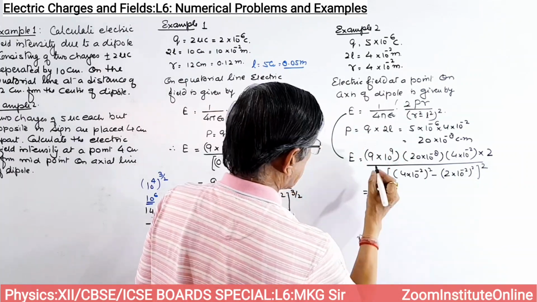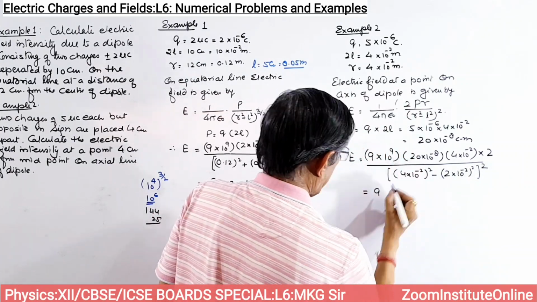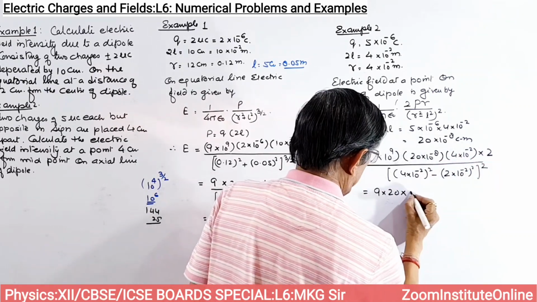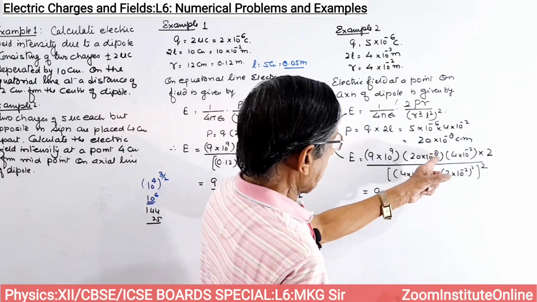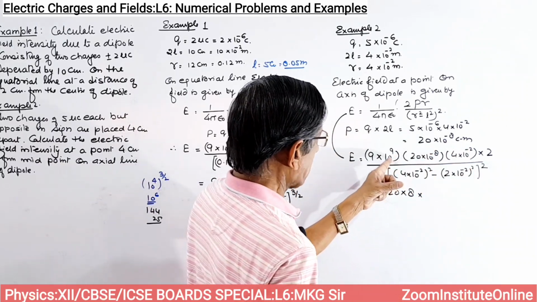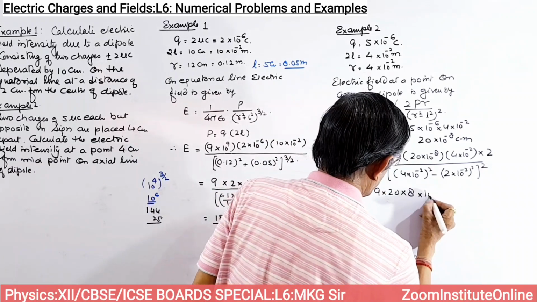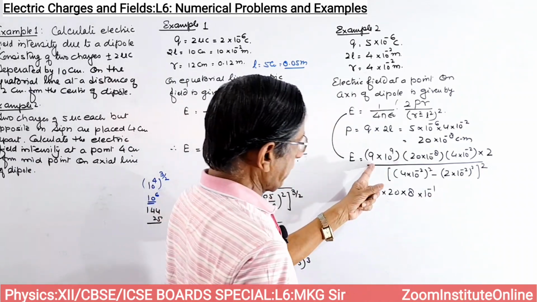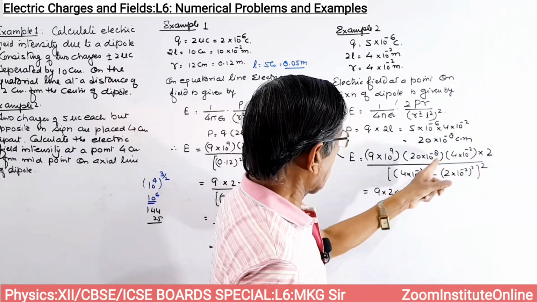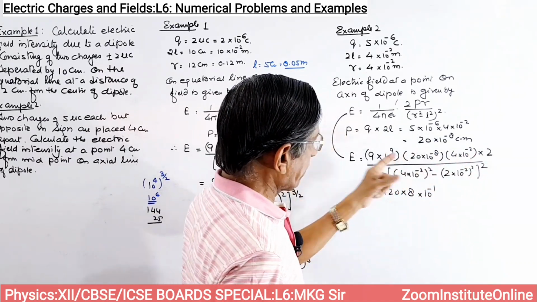So you will have 9 into 20 into 4 into 10 to the power 8, into 8. The 10 powers are of minus sign and the 9 is of plus sign, so you will be left with 10 to the power minus 1. These powers are of minus sign and 9 powers are of plus sign.